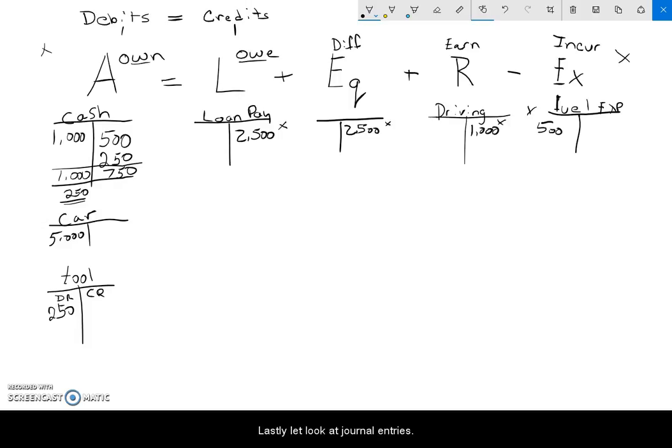Lastly, let's look at journal entries. The proper format for a journal entry is to write the debit on the left margin and indent the credit just a little bit so it's set off to the right. In this entry, I'm going to debit cash, and I'm going to credit the driving revenue.